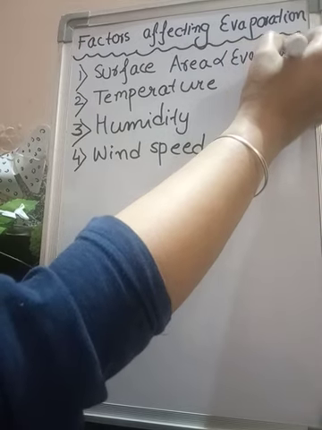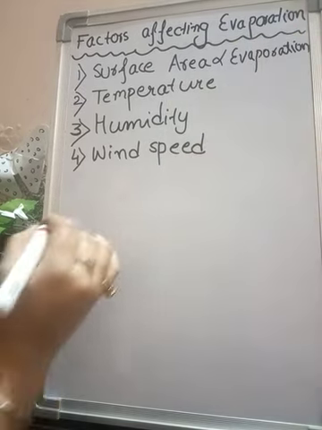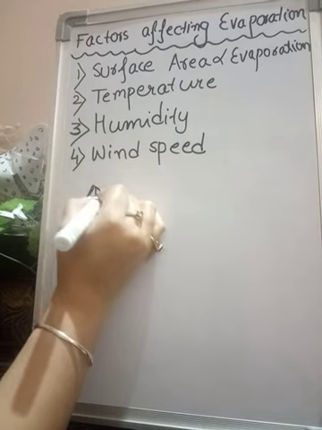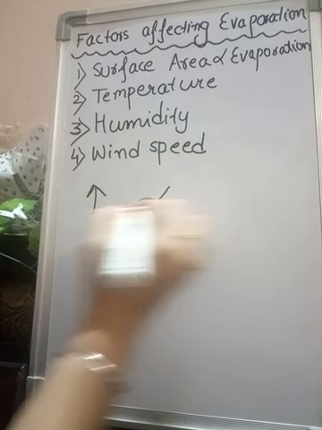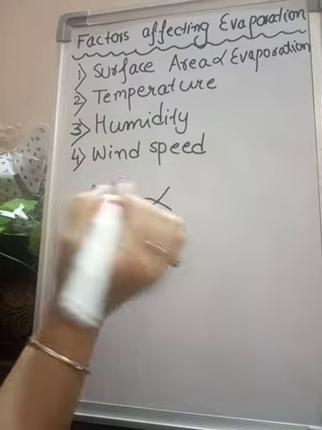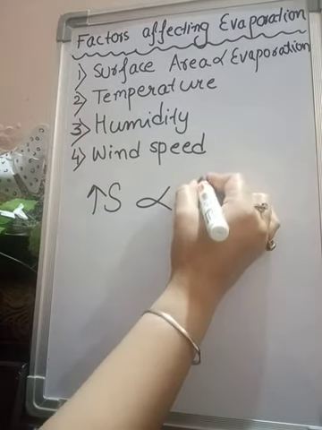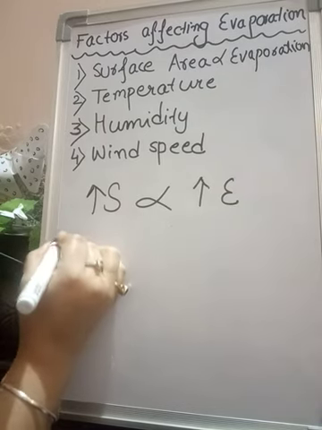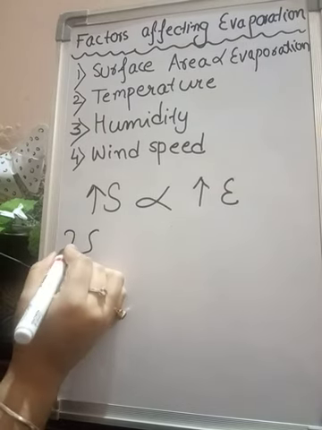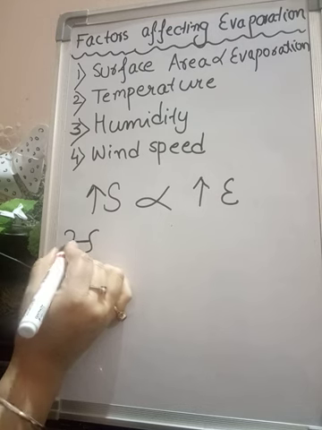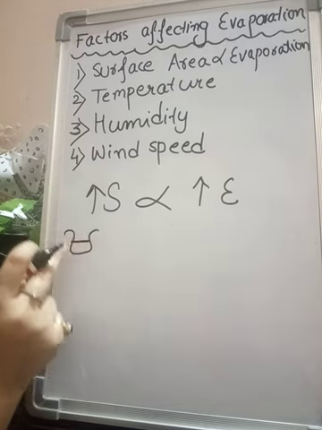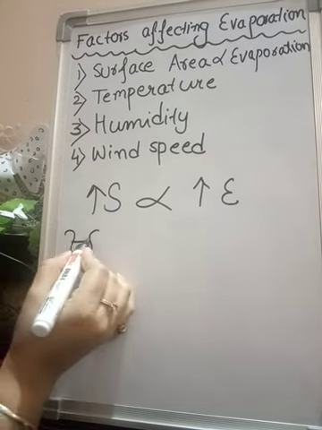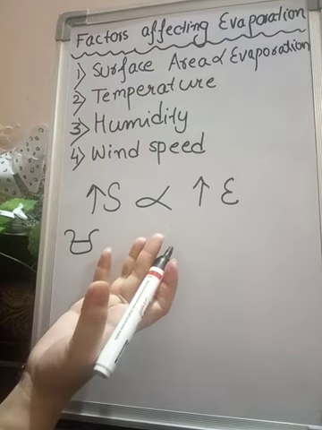Directly proportional to evaporation means if we are increasing the surface area, the rate of evaporation will also increase. Because, for example, this is a container, this is the surface area, and right now only this area is exposed to the external environment.